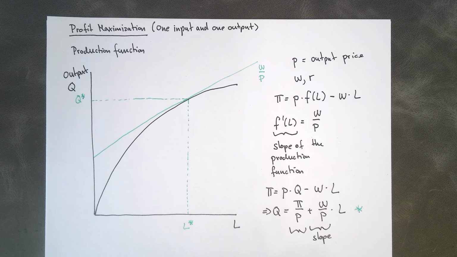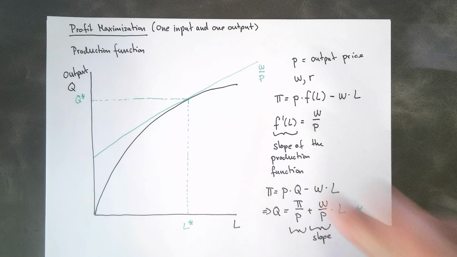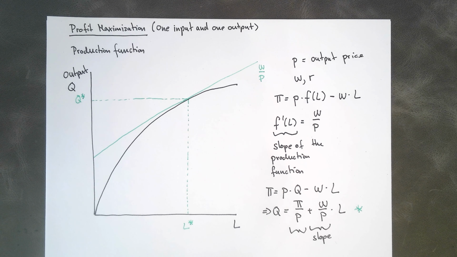So this would be one way of showing the profit maximization, where we are using the production function and the slope of this line.